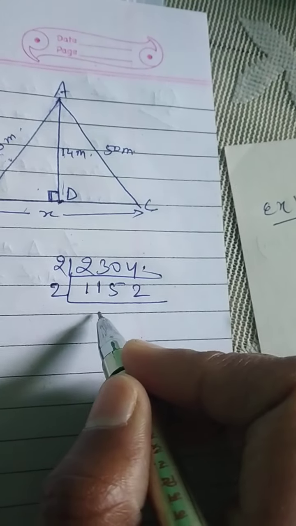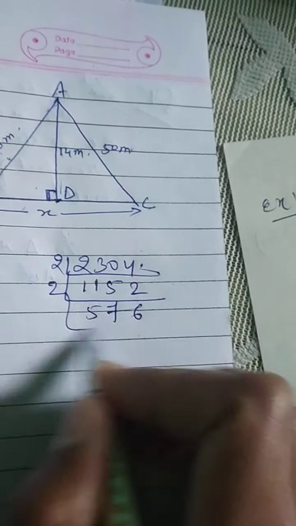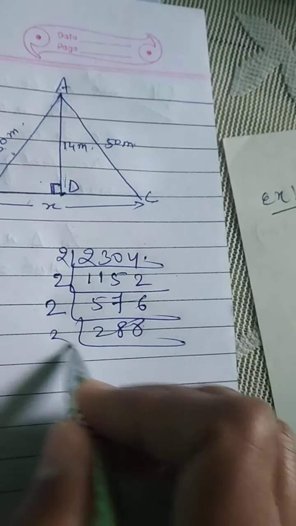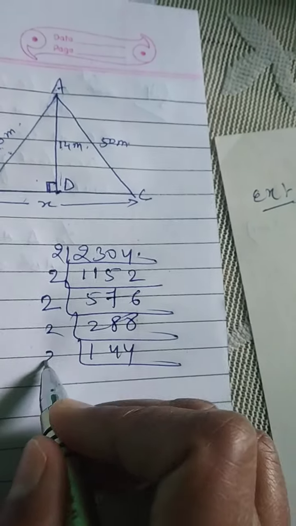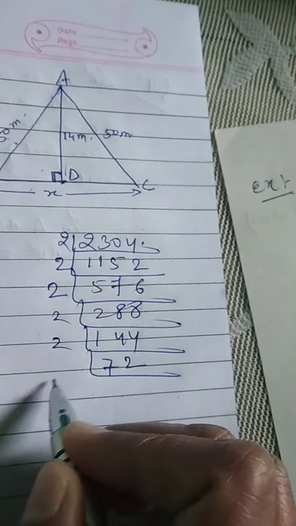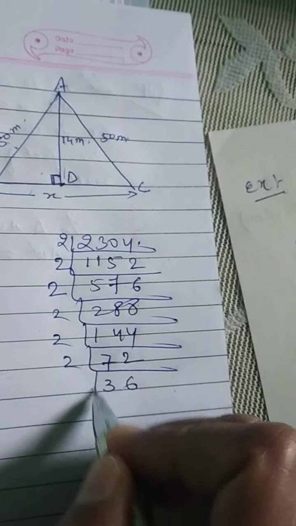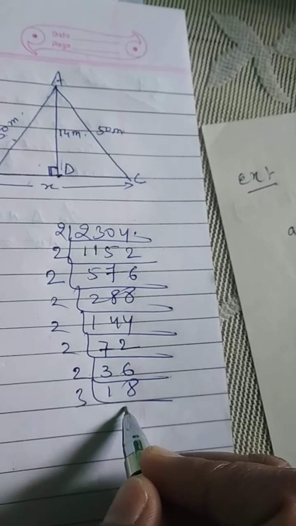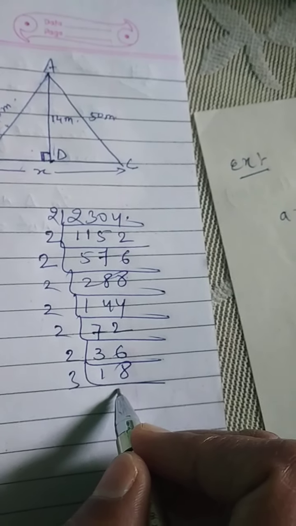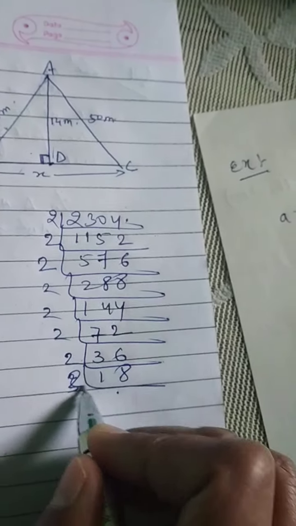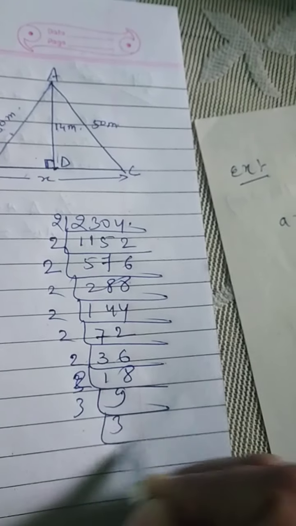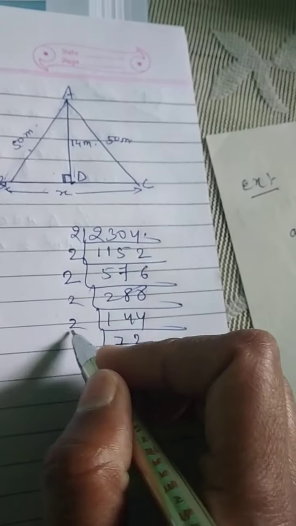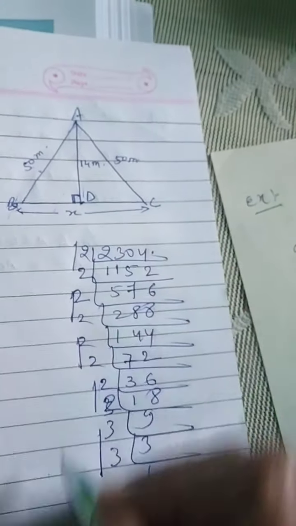Now again with the table of 5, just cut it, cancel out, and we will get here 2 3s are 6, 2 6s are 12, 2 1s are 2, 2 8s are 16, 3 2 9s are 18, 3 3s are 9, 3 1s are 3. See, all the numbers are in pairs.